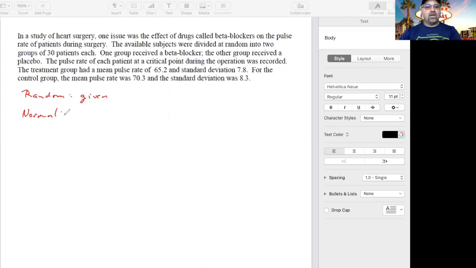Well, obviously, our sample sizes are both greater than or equal to 30, so the central limit theorem is going to take care of the normal condition for us for the distribution of sample means. And independent: in this case, the randomization into the two groups achieves independence, so the two groups are as much alike as possible. So I'm just going to write random assignment here.